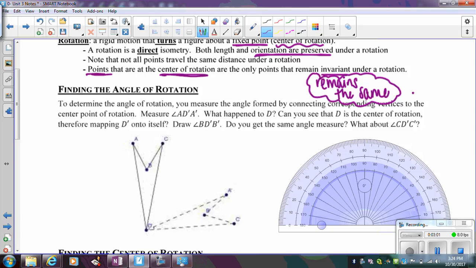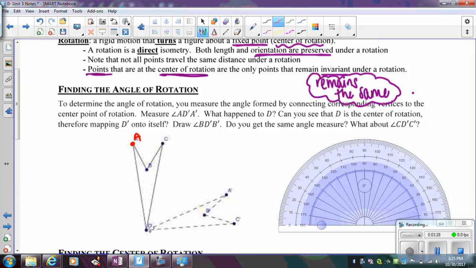To determine the angle of rotation, we're going to look at the angle that's formed between the pre-image point, the center of rotation, and the image point. For example, if I look at point A, the center of rotation is going to be point D, and that would be given to you in most situations.